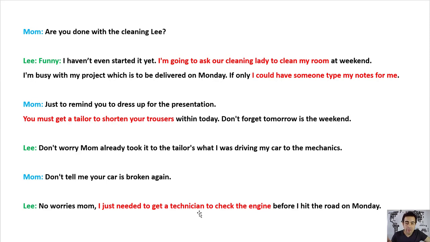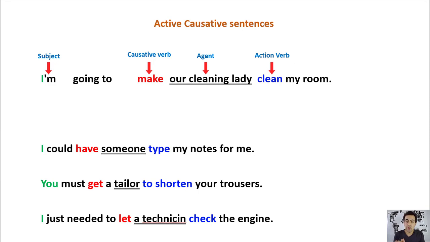I have taken out those 4 sentences to shed more light on them and to find the mechanics of the structure and see how it works and what the main elements of an active causative sentence are. The first one: "I am going to make our cleaning lady clean my room."